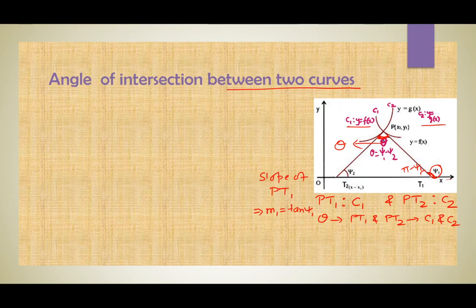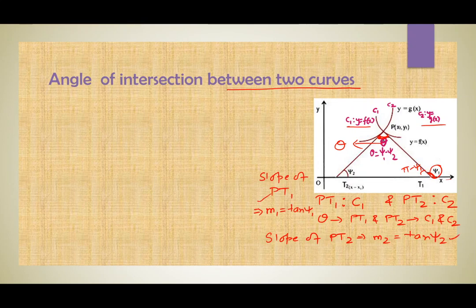So by definition, this is the value of the slope of PT1. Similarly, the slope of tangent PT2 is going to be m2 equal to tan of psi 2. So here are the 2 things that you should remember.